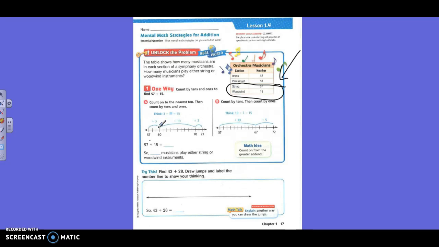Yes. So you can see up here, guys, the jumps, when you do have these plus signs, that should equal your number that you're adding by. So 57 and add 15, this should be 15. 3 plus 10 plus 2 should equal 15.